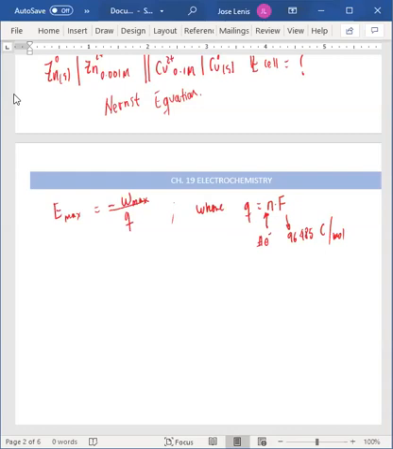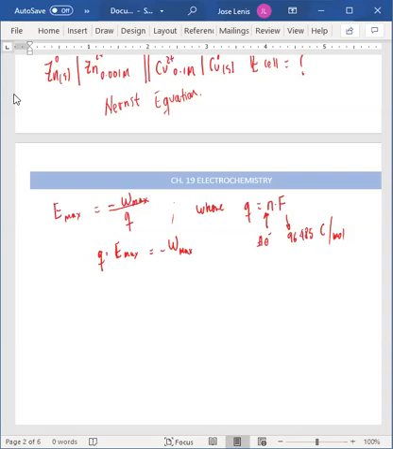So we rearrange this term from here. We found that Q, charge, times E max equals maximum work. Energy transferred as a maximum work.